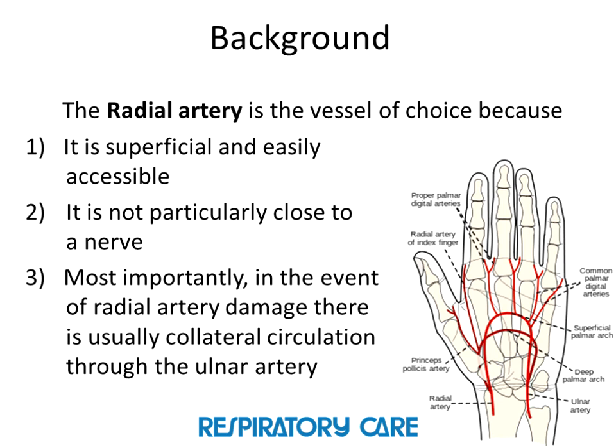It is not particularly close to a nerve, and most importantly, as we all know, there is collateral circulation in most all people through the ulnar circulation. So if there would happen to be some damage to the vessel, we could see that there is an alternative route for the blood to reach the hand.